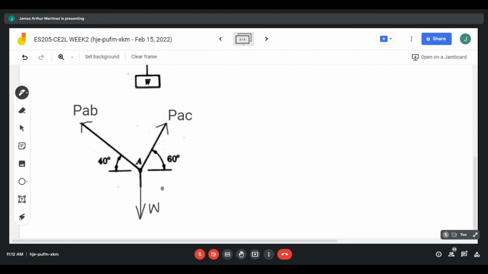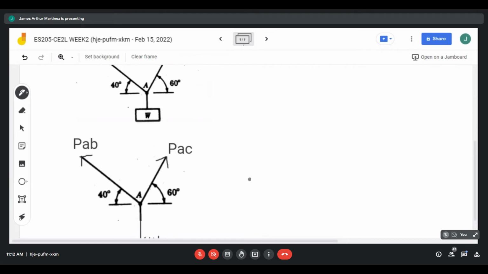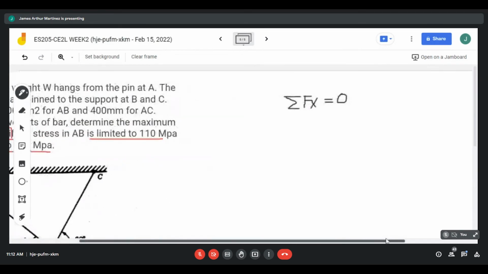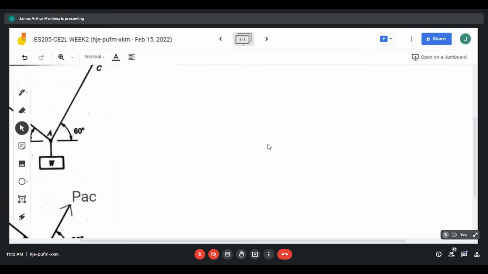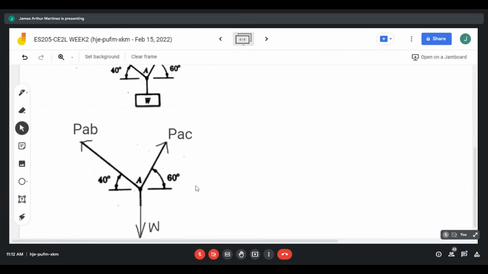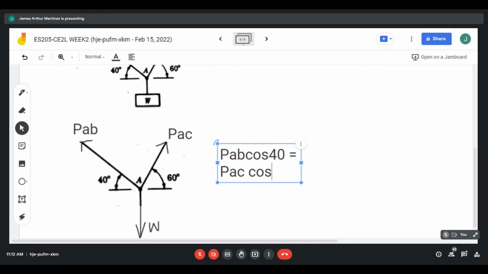The x components come from PAB and PAC, and since they are oppositely directed, we can equate them. So PAB cosine 40 is equal to PAC cosine 60.